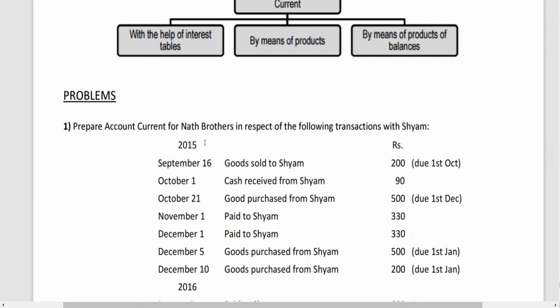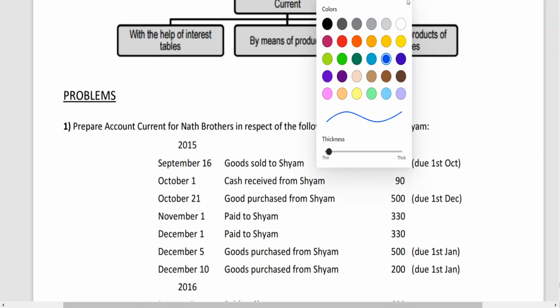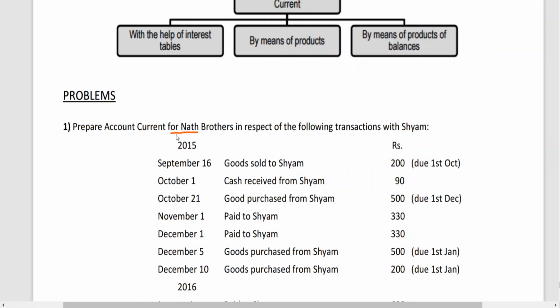Now, how to identify who is sending the account current and who is receiving it? That is the important thing. When you look at "prepare account current for North Brothers", that means the person who is sending, for him we need to prepare an account current.